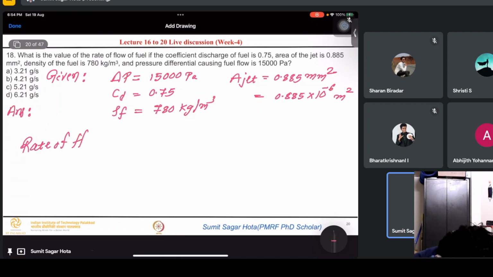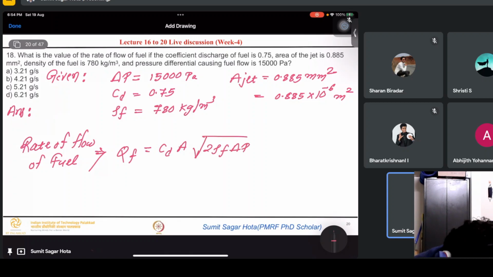the rate of flow of fuel, QF, is equal to CD into A into square root of 2 rho F delta P. Okay, this is the formula. What is CD? 0.75.